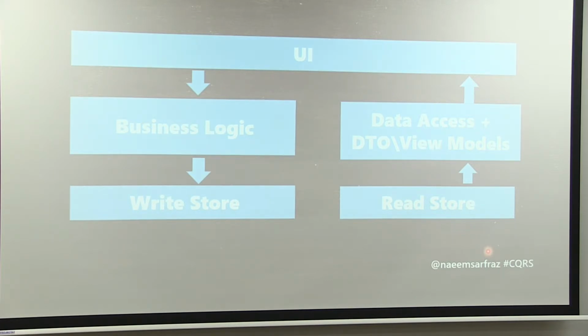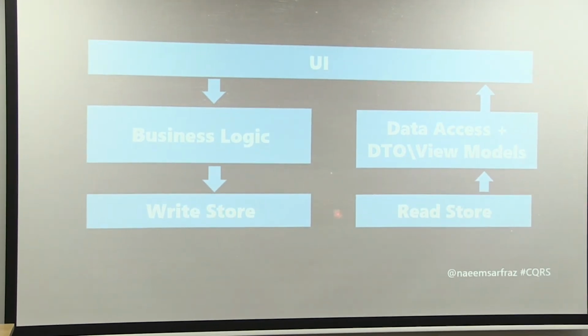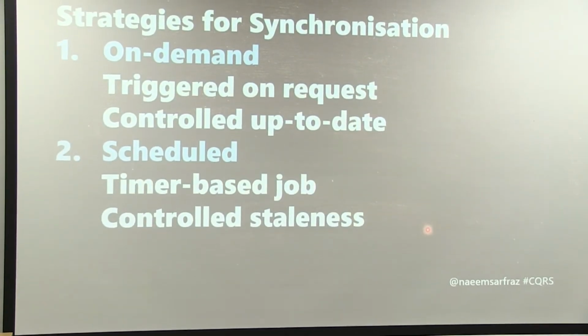Now the problem there is, how do we get data from our write store over to our read store? How do we push that information across? There are four strategies for doing that.